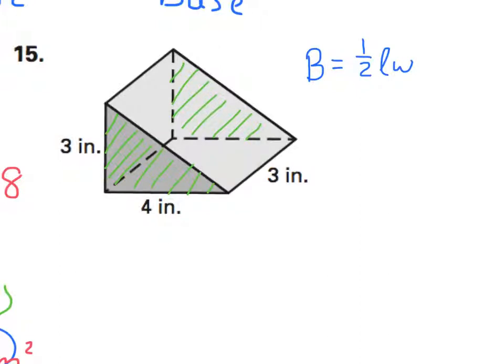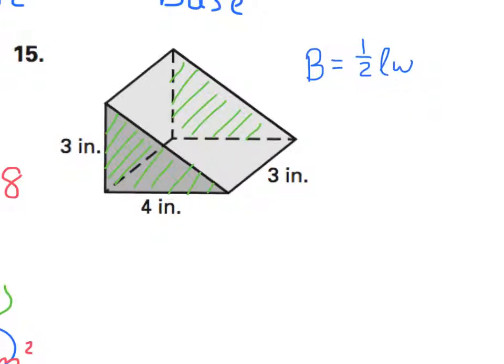Notice, this produces a completely different formula right here. This is based entirely on what shape I have for the base. If it is a square, I might say side squared. If it were a pentagon, I would use the 1/2 AP, like we did a while ago.